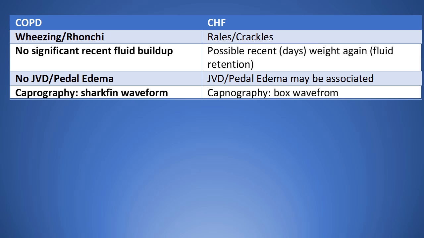The big thing I'm going to look for is that I'm going to put them on capnography. Obviously, if they need ventilatory support, CHF or COPD, I'm going to give them ventilatory support, and either one could benefit from BVM or CPAP especially. So the BLS treatment's going to be the same.